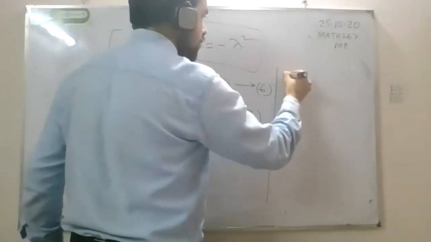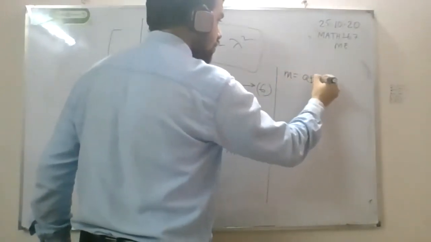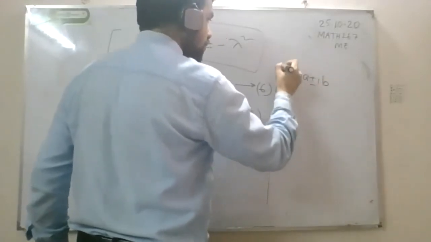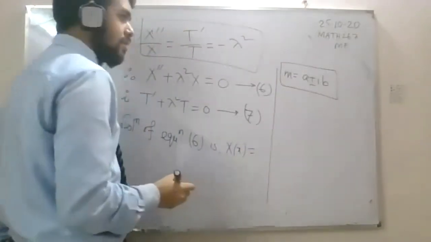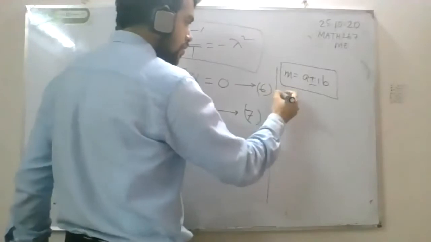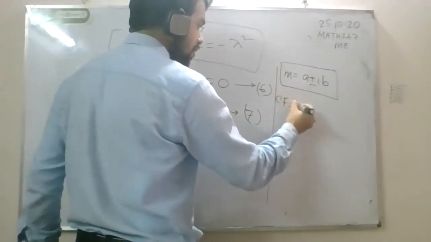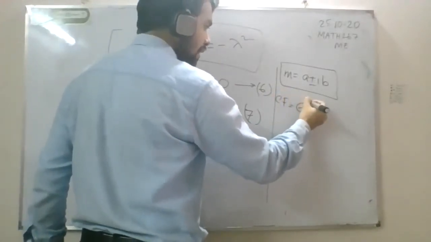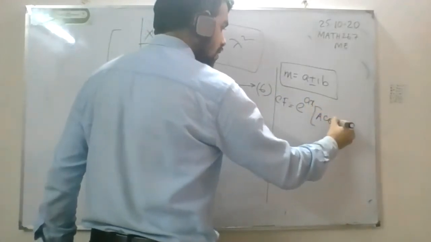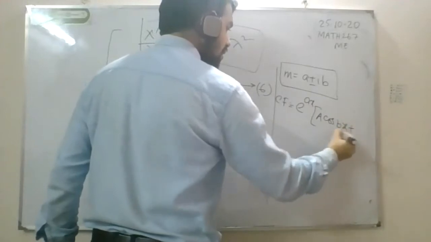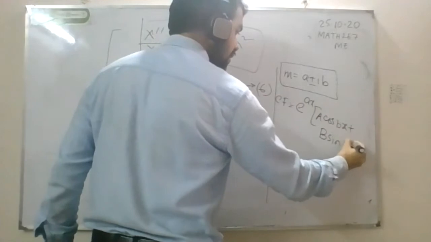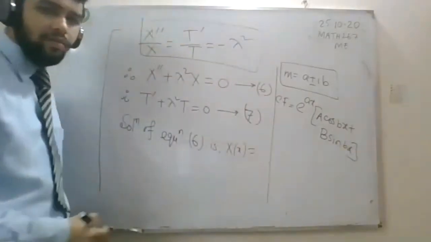For non-real roots, that means imaginary roots or complex roots, the complementary function will be e to the power ax, a cos bx plus b sin bx. So this will be the complementary function.